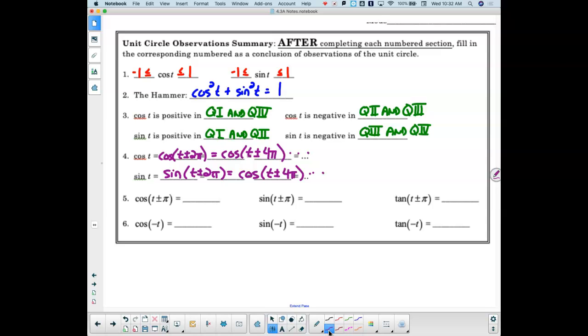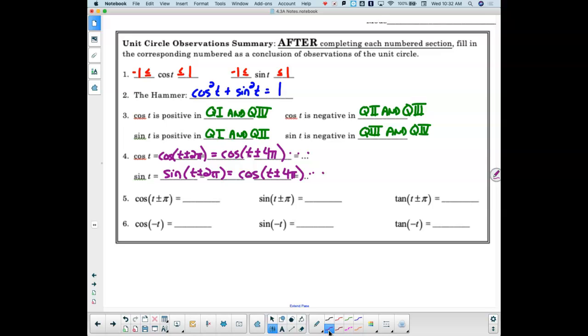So if I'm at pi over 6, plus another pi would put me at 7 pi over 6. I'd be on the opposite side of the circle. Well, that's going to oppositely affect my sine value, oppositely affect my cosine value, but do nothing to my tangent value.